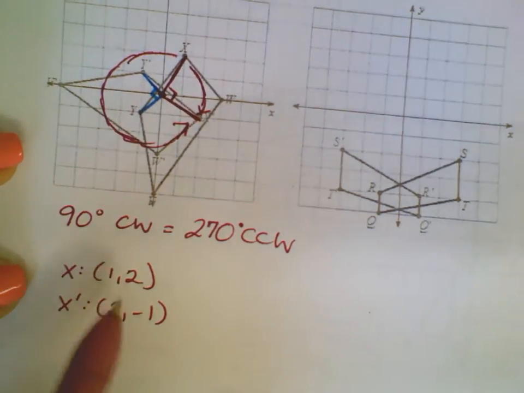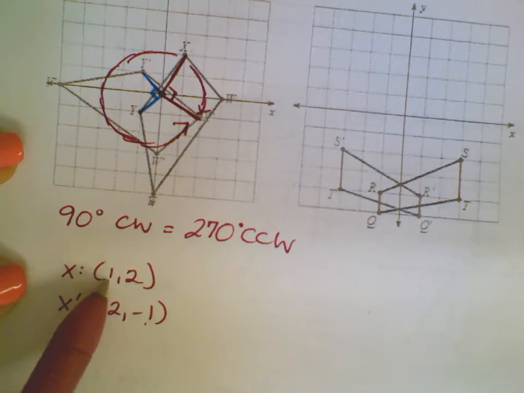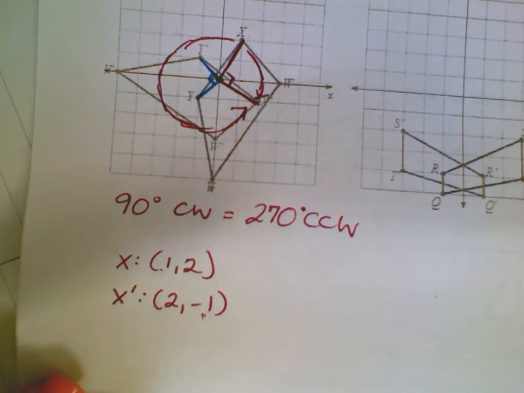All right, so my x and my y switched places, but I took the opposite sign of that x, which is the same rule we came up with here. If you don't remember the rules, just compare a couple of the points from the pre-image and the image that correspond.